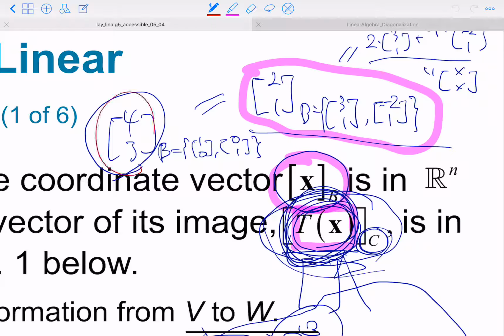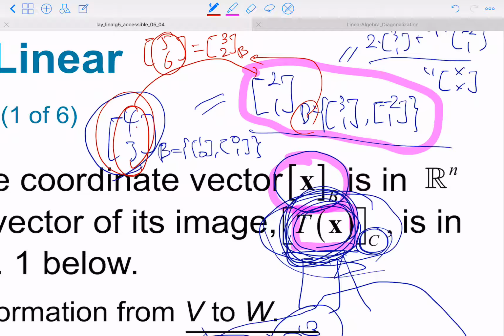So this guy is changed into this form, right? And also we have 5, 6 represented as maybe 3, 2 with respect to this B over here. And in this case, this guy plus this guy, or maybe 9, 9, is represented as the summation of these two, right?